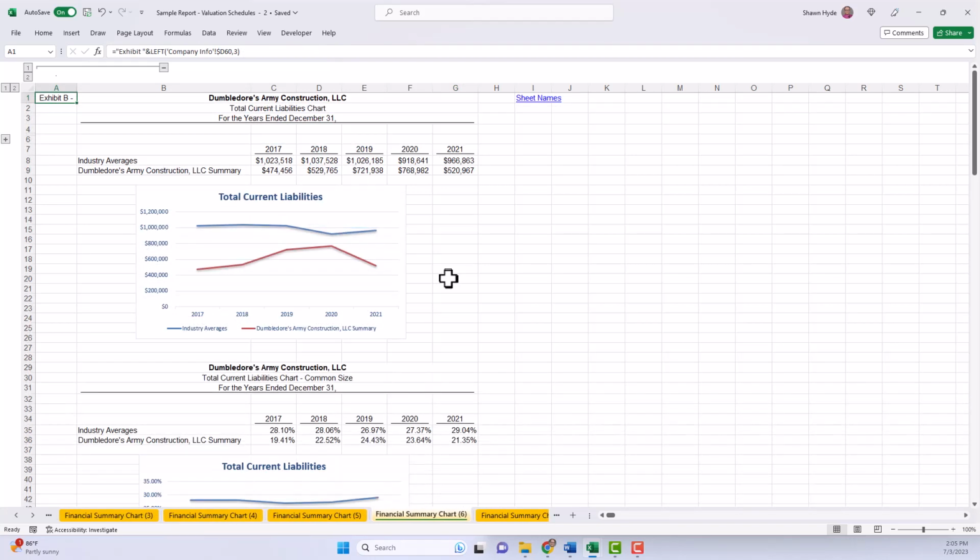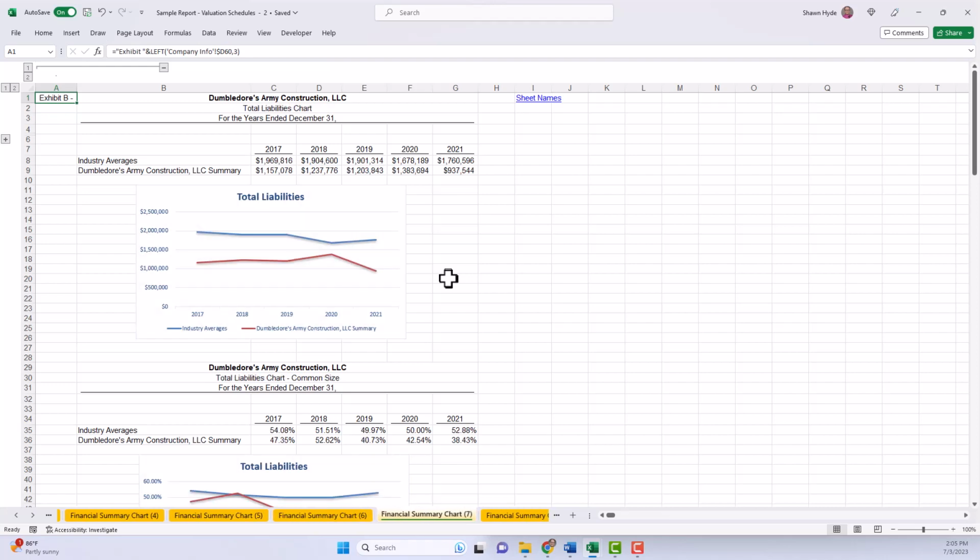So these kinds of charts and graphs illustrating the comparative of the subject company to industry averages are useful and quite helpful, and explain to the report reader where or why you landed where you did on your analysis of the risk of investing in the subject company.